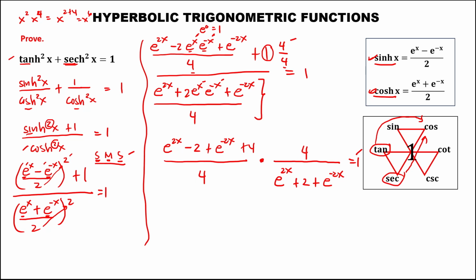Then observe that we can now cancel this 4. So this becomes e to the power 2x, then negative 2 plus 4, that's positive 2, then plus e to the power negative 2x, over e to the power 2x plus 2 plus e to the power negative 2x, and this is equal to 1.